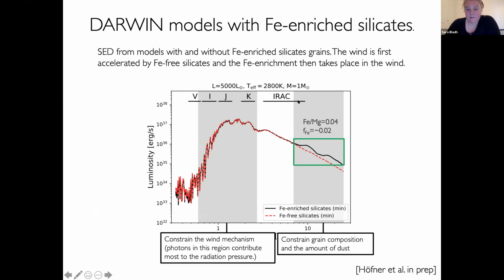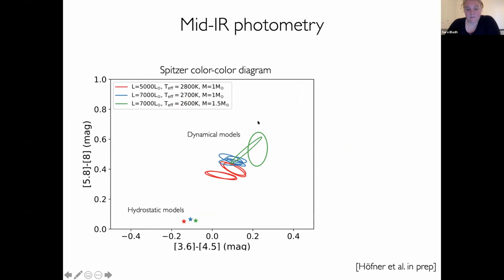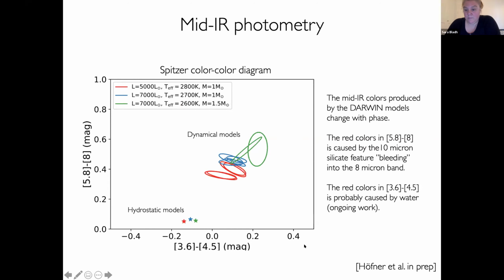Here you have the IRAC band, and when this feature is very strong, it bleeds into the 8, and then you get really red colors in Y here. The variation in X is probably due to water, but we're still looking into this.